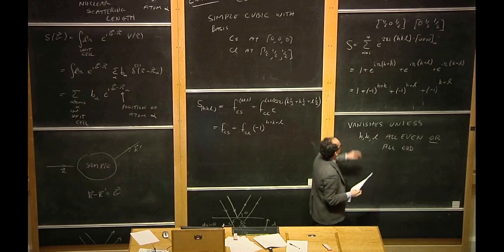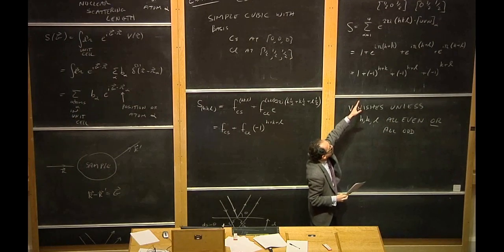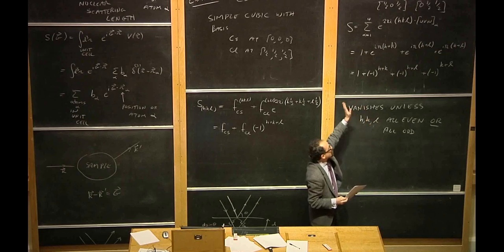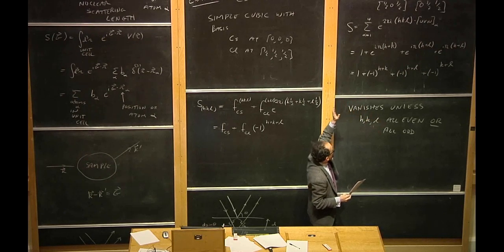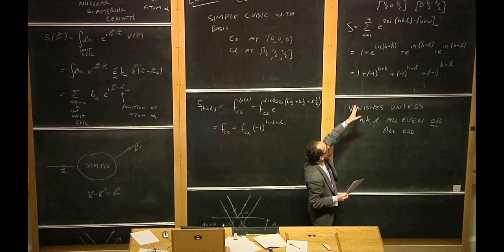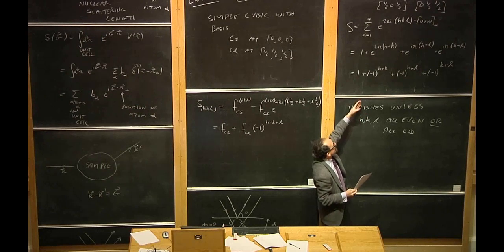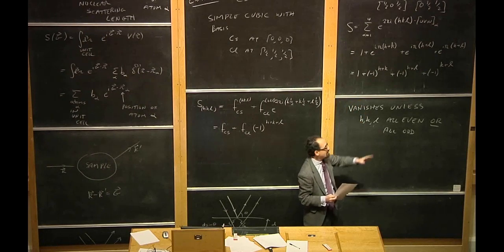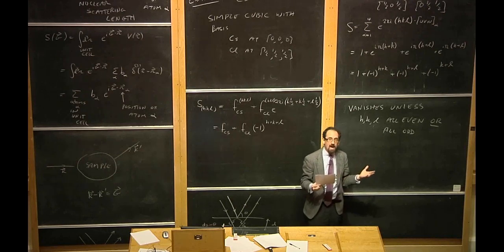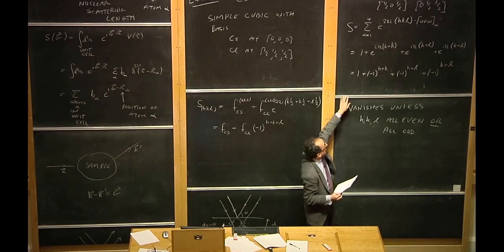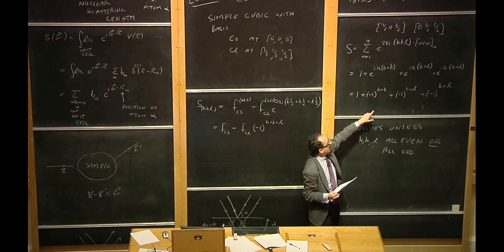And to convince you of that, if h, k, and l are all even, then all those sets of exponents are even, so it's 1 plus 1 plus 1 plus 1. If h, k, and l are all odd, then again, 2 odds added together always give you an even, so it's again 1 plus 1 plus 1 plus 1. But if you have, for example, 1 odd and 2 evens, let's think about that case. Let's suppose h is odd and k and l are even.